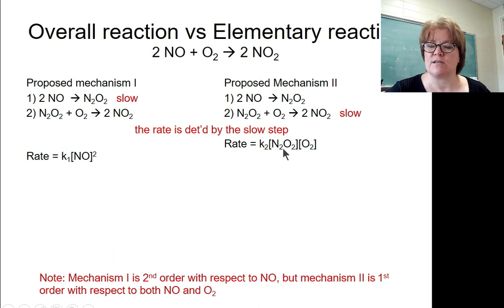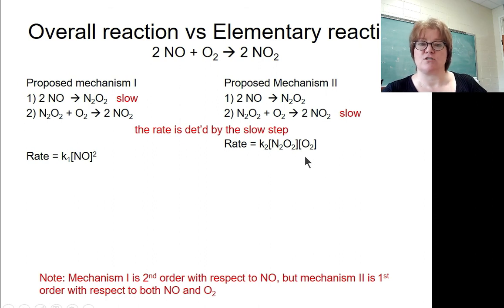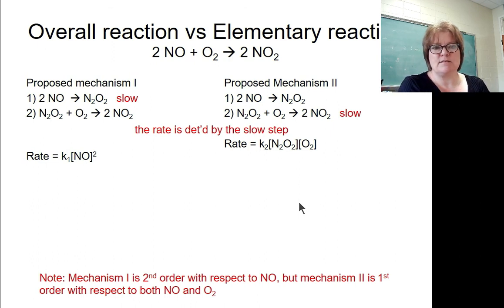It would be first order in oxygen. Now, since N2O2 is an intermediate, it's not a reactant. So we would say this is first order in oxygen, not first order with respect to NO, and zeroth order with respect to NO. So I will get different answers. Now I can compare that to my experimental data to either include or exclude a possible mechanism, and that's where the power of kinetics often lies.